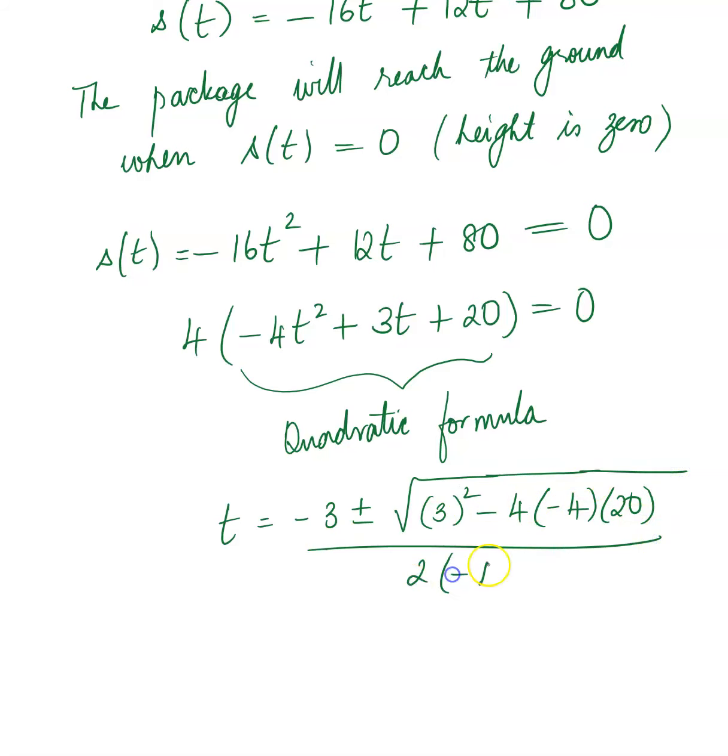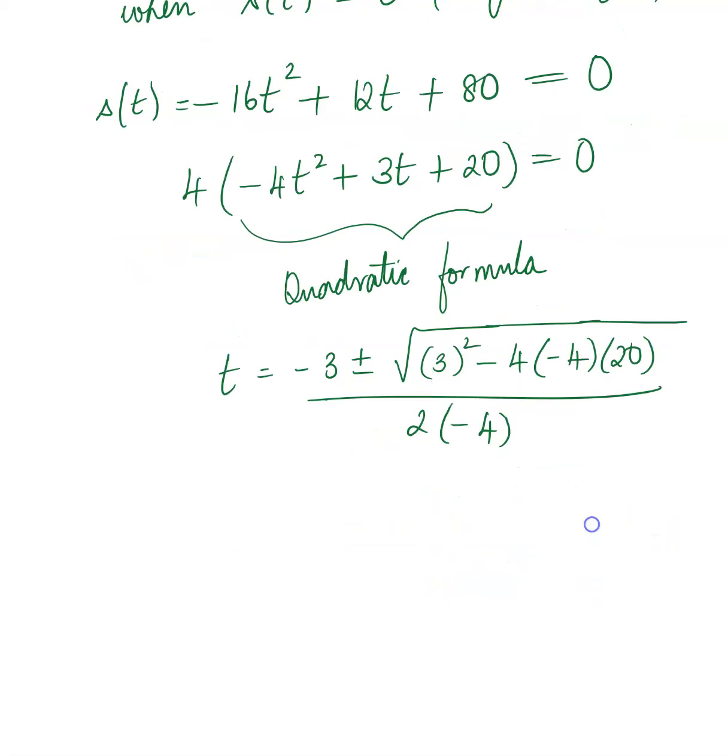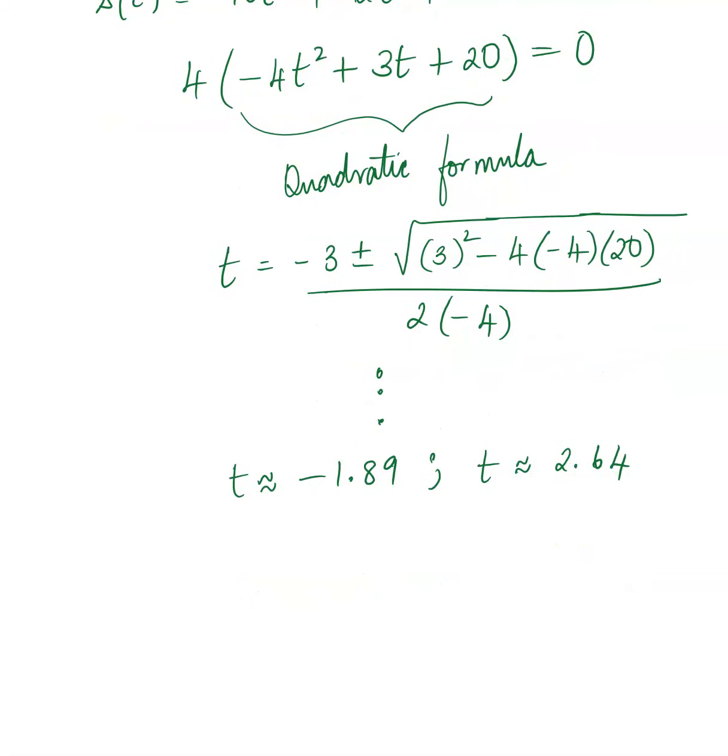Of course, I will let you do the algebra part and use your calculator because we are trying to find the time, and we want it to be in decimals. So we get negative 1.89 as one of the answers, and this is approximately 2.64. We have two answers because it's a quadratic, so you do expect two solutions.